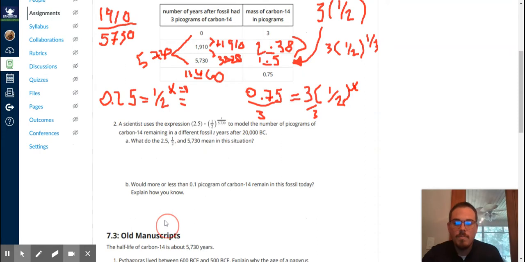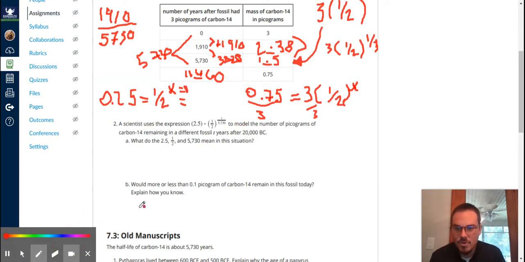Then part B says, would more or less than 0.1 picograms of carbon-14 remain in the fossil today? Explain how you know. If we're talking about 20,000 BC, how much time has passed until 2020? Well, we go all the way to the year 0, then we add another 2020.